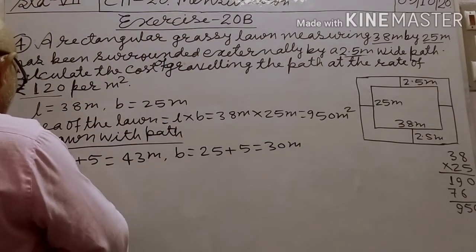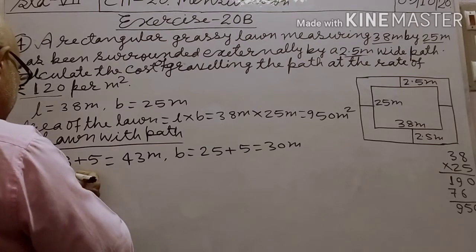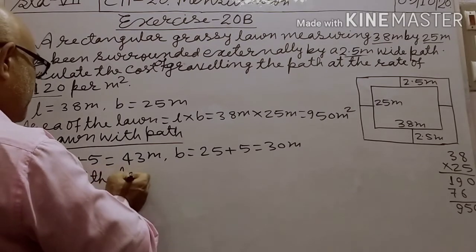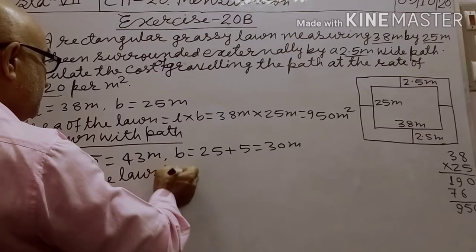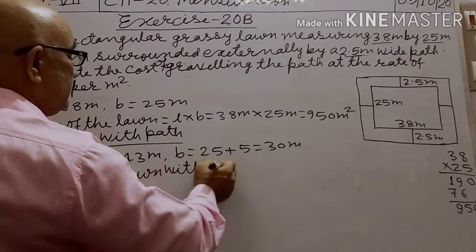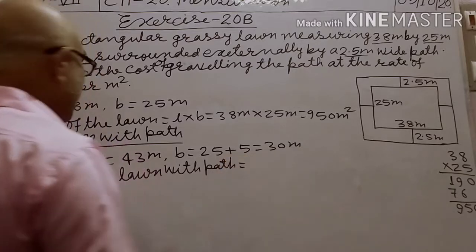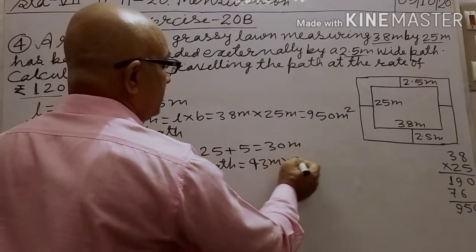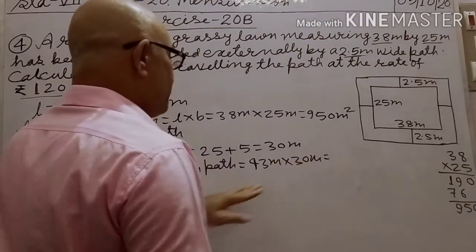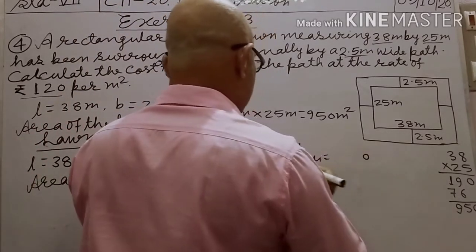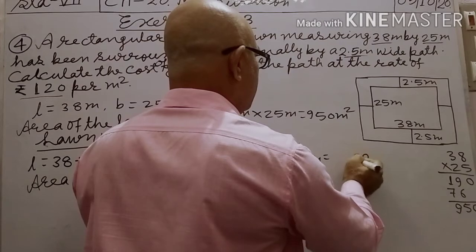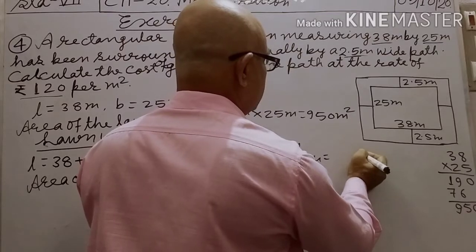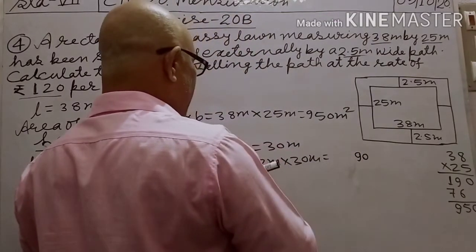Now area of the lawn with path equal to L into B, that means 43 meter into 30 meter equal to 0, 3 3s are 9, 3 3s are 9 and 4 3s are 12.